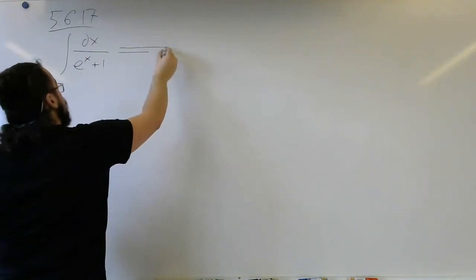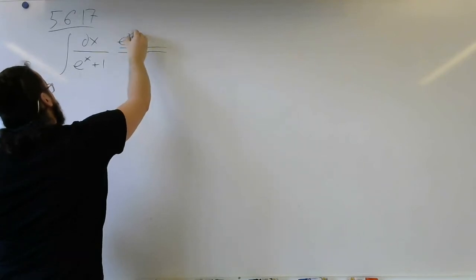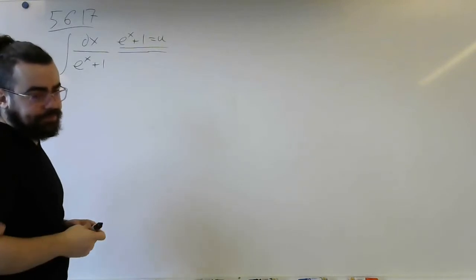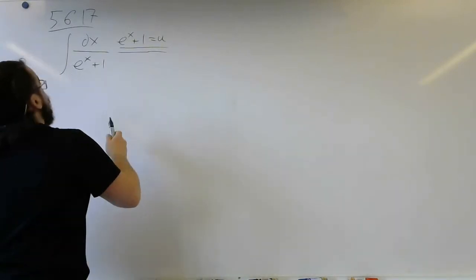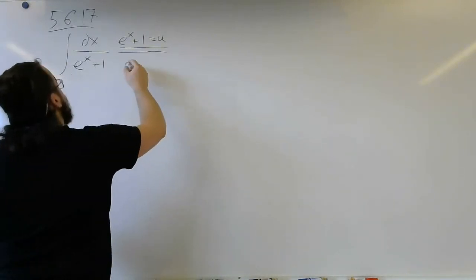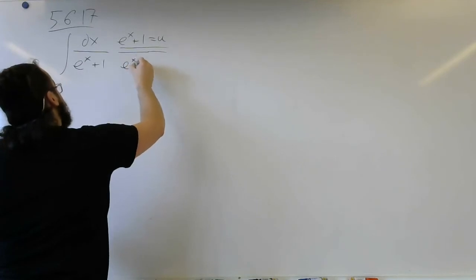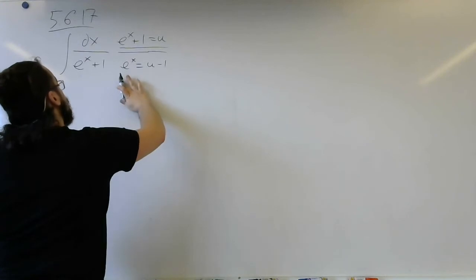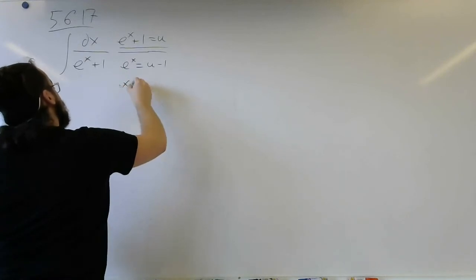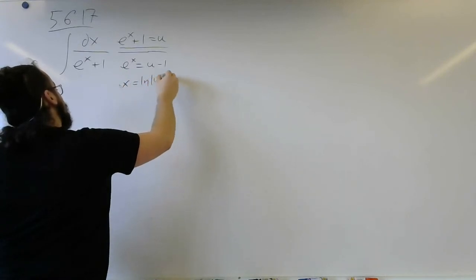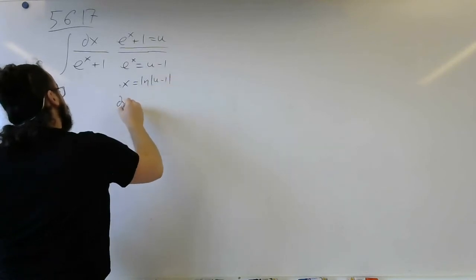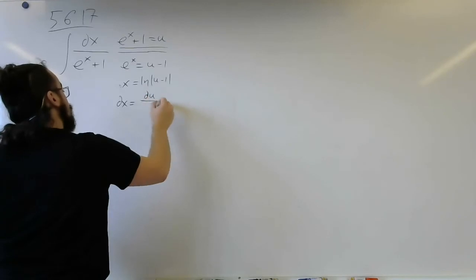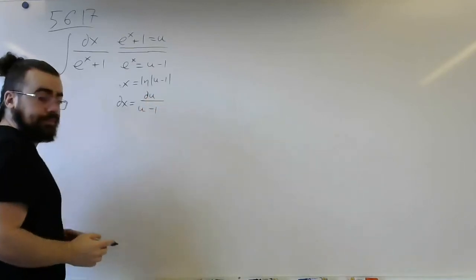A first approach could be to say simply e to the x plus 1 equals u, in which case we will see that e to the x is u minus 1, and so x is the logarithm of u minus 1 in absolute value, and so dx is the u over u minus 1.